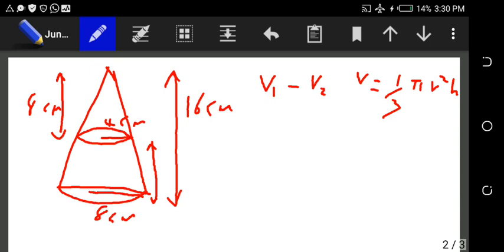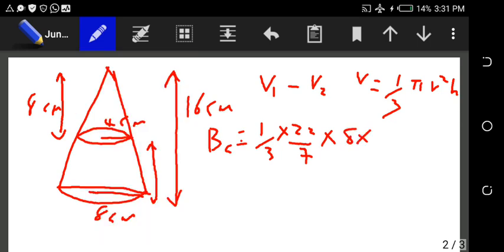Going ahead to put the values for the big cone, BC, the volume is equal to 1/3 times pi, that's 22/7, times the radius of the big cone, which is 8 cm, so it is 8 squared, times the height of the bigger cone, and that is 16.